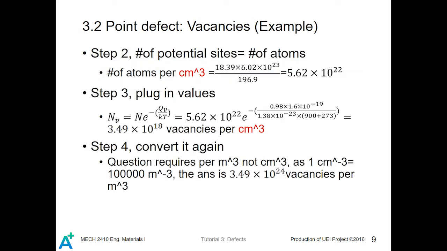Step 2, we need to calculate the number of potential sites, which is equal to the number of atoms. The number of atoms per cm cube is equal to the density times the Avogadro constant, which is the number of atoms within 1 mole of that atom, over the molar mass.